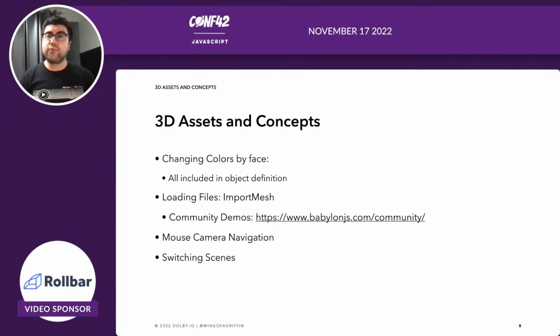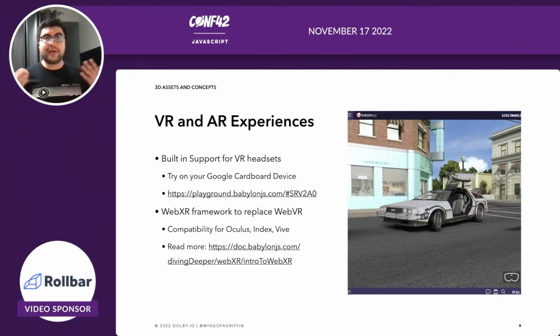You don't have to worry about needing to develop it all yourself. We've been able to use the mouse camera navigation, and you can even do things like switch scenes directly within the environment that you have. This also includes areas like VR and AR experiences, which we'll get into a little bit.